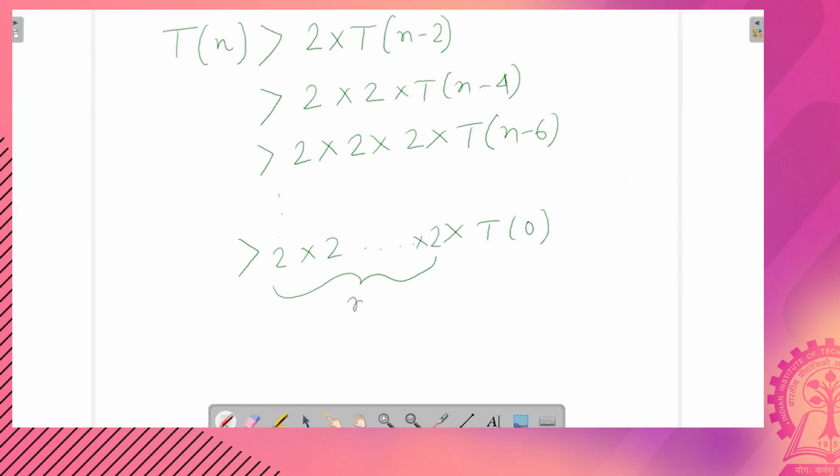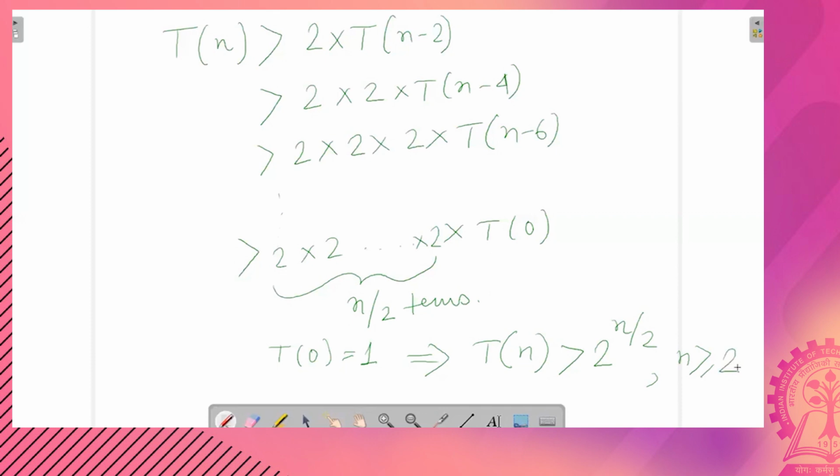There will be n by 2 such terms because you are proceeding in steps of 2. Okay. Now since we have seen that T0 is equal to 1, this implies that Tn is greater than 2 power n by 2, of course, for n greater than or equal to 2.